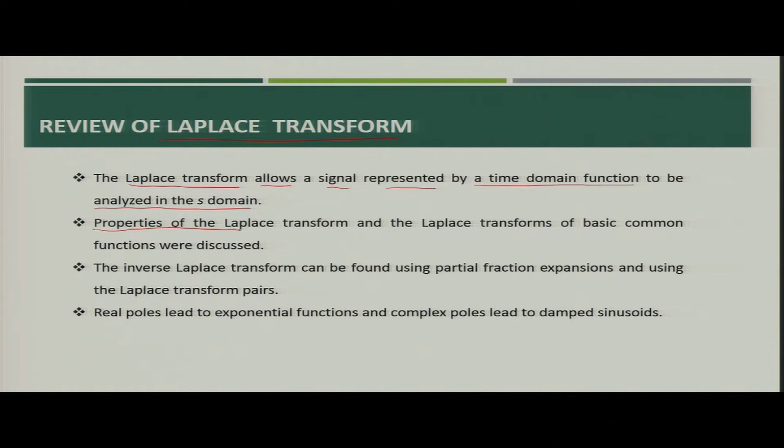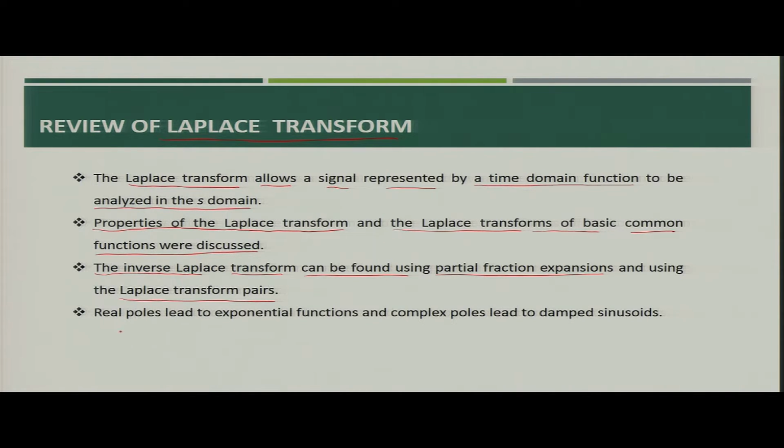The properties of the Laplace transform and the Laplace transform of basic common functions were discussed in the previous classes. Then we discussed the inverse Laplace transform, which can be found using partial fraction expansion or using the Laplace transformation pairs technique.